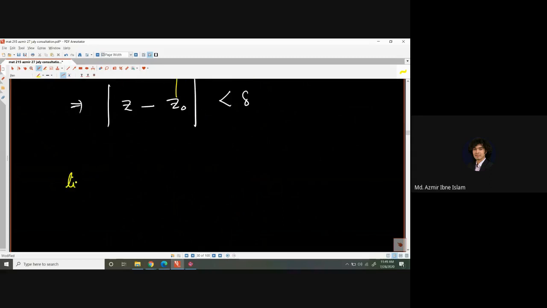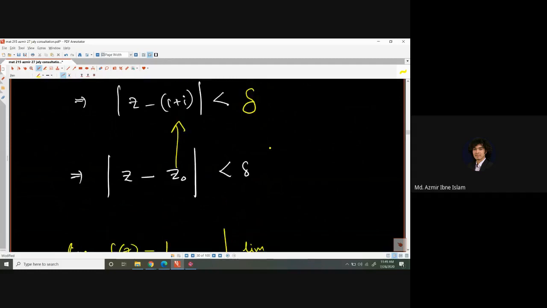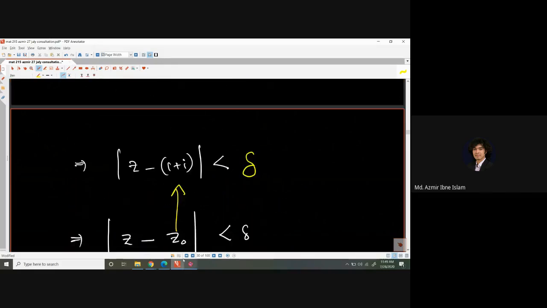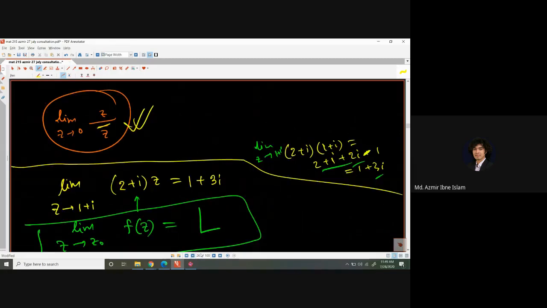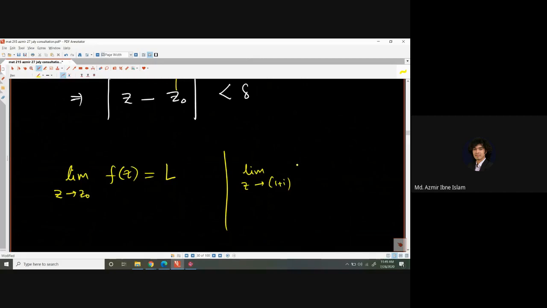So finally we can say that limit z tends to z naught of f of z is actually L. For the function, limit z tends to z naught is 1 plus i, and the function that we have started with is 2 plus i z.